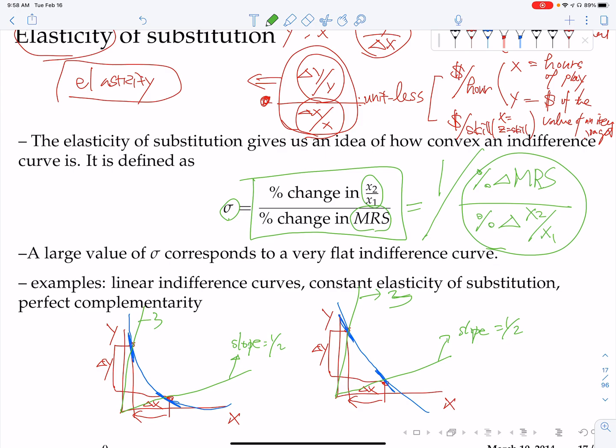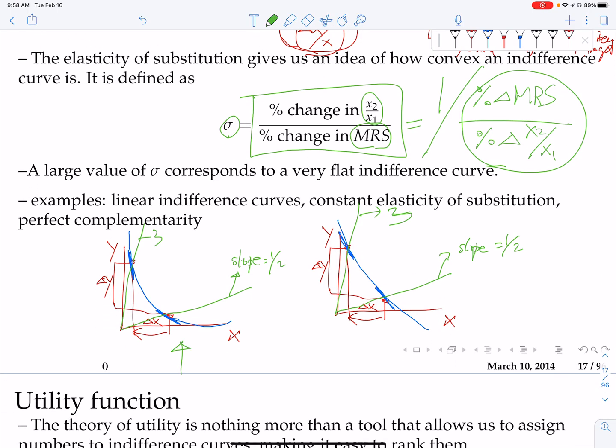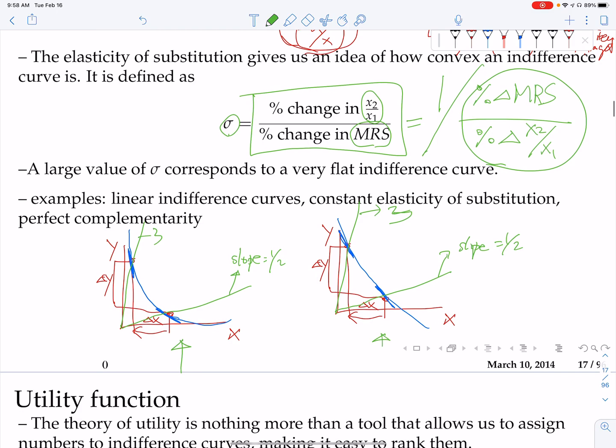So when the ratio changes by the same amount, what's the change of the MRS? In the first graph, the percent change in the MRS is higher than the percent change in the MRS on the right-hand side graph, right? So I can conclude that this one is large on the left-hand side, but the elasticity of substitution is the inverse of it. So that means the elasticity on the left-hand side is going to be smaller than on the right-hand side.